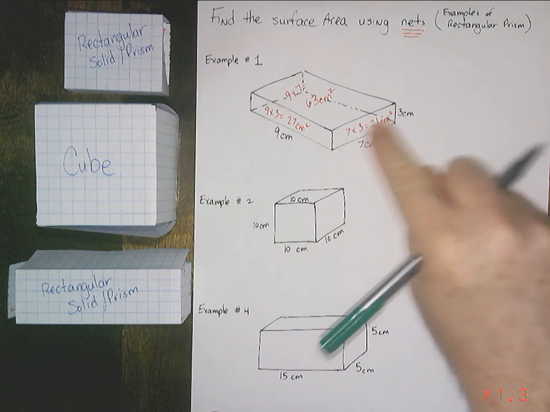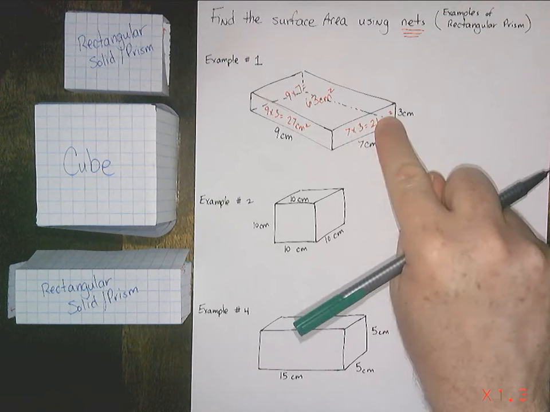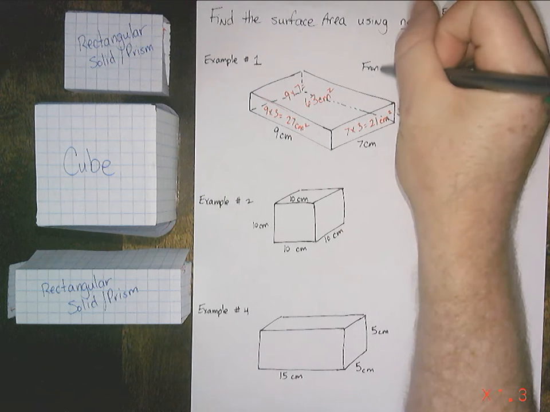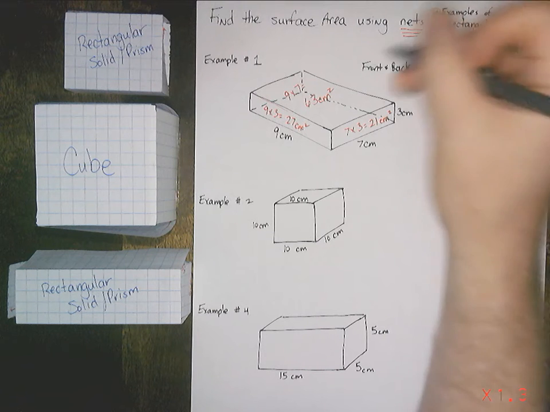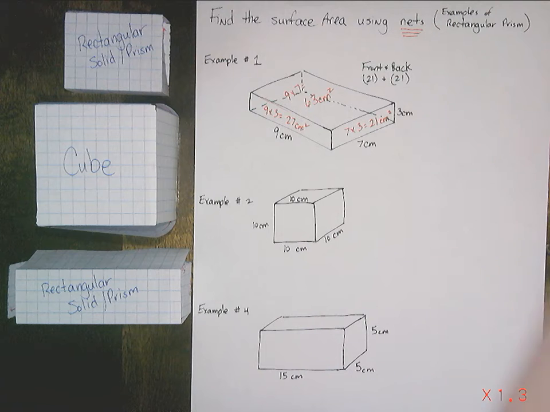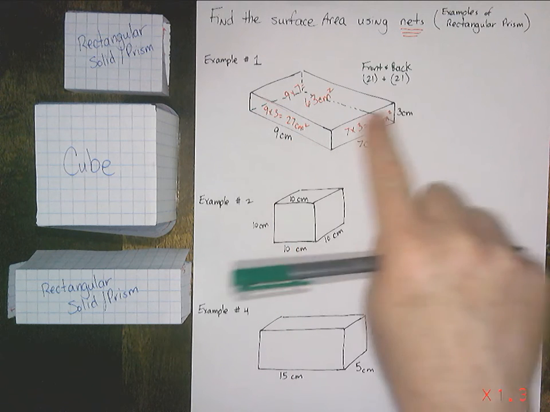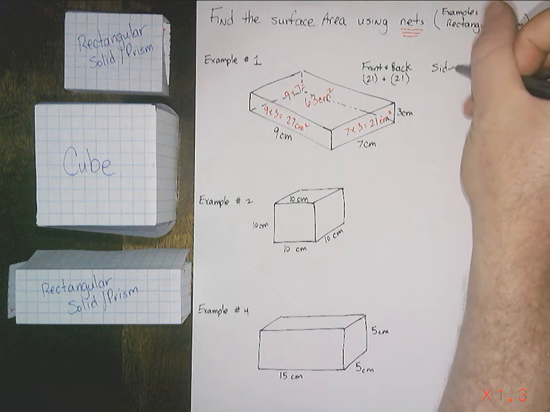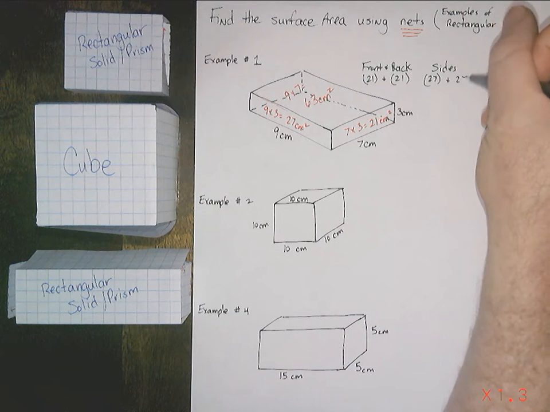So the front part and the back part have the same measurement. So this is going to be 21 centimeters squared. That's the area for the back. So the front and the back are 21 each. And you also got the sides, which is 27 here. That means this is 27 over here. So the sides are both 27 each in terms of area.